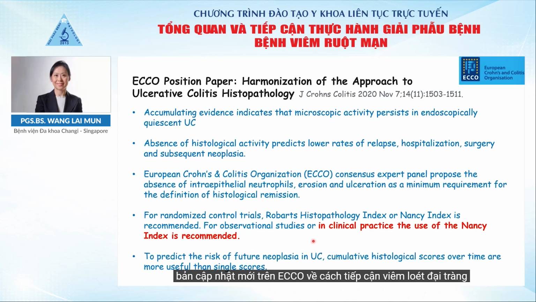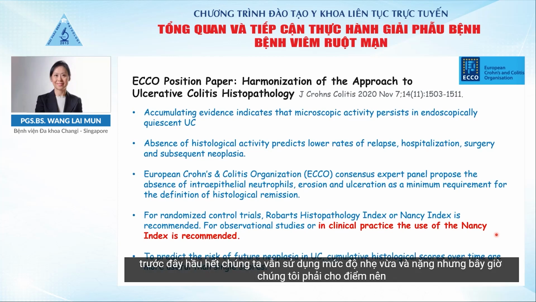That's why in the new update on the ECCO position paper on the approach to ulcerative colitis, they have recommended the use, in clinical practice for us, of the Nancy histological index to grade the activity score. In the past, most of us still used mild, moderate, and severe, but now we are expected to give a score.